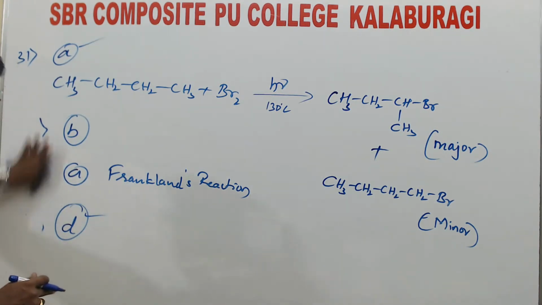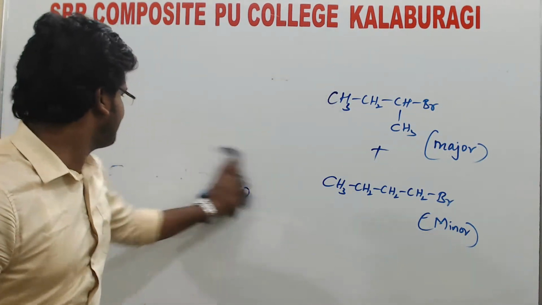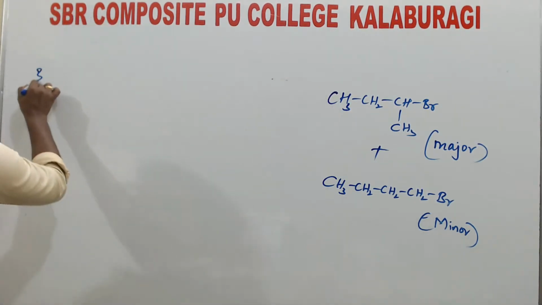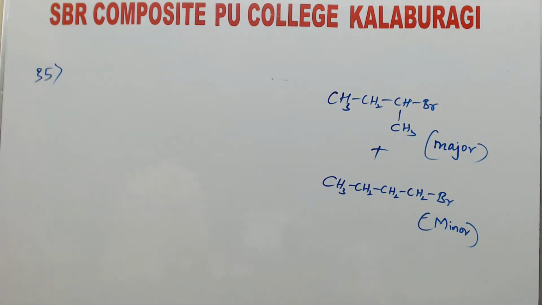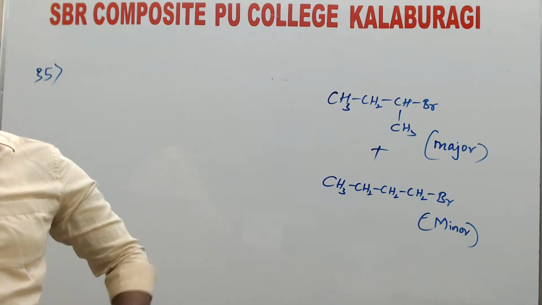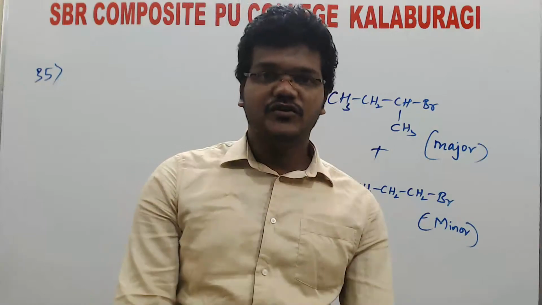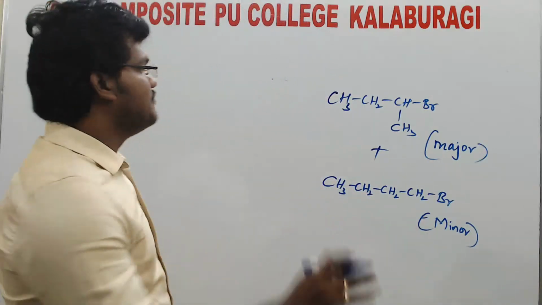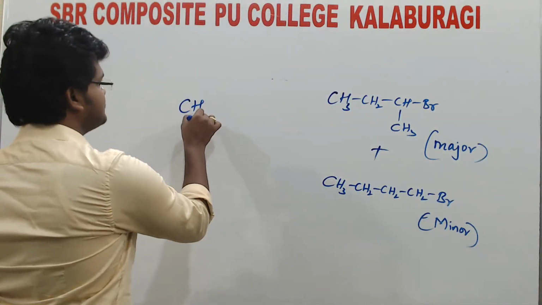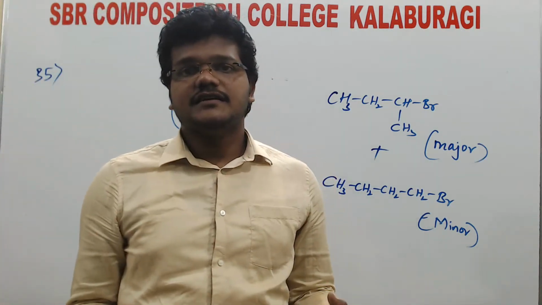Let's go for the 35th. Which one of the following compounds cannot be prepared by Wurtz reaction? This is the drawback, the demerit, of Wurtz reaction. You might know we can't prepare methane using Wurtz reaction.